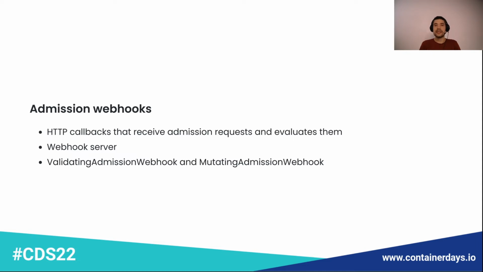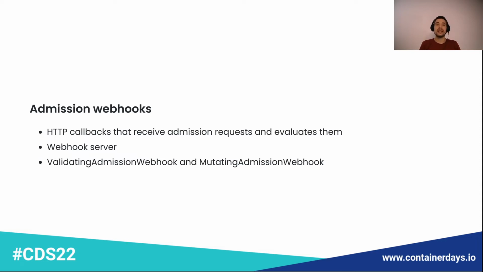An admission webhook is basically an HTTP callback that receives admission requests, which can be the creation of a pod or an update on a config map, then performs some evaluation on this request, and replies with either okay, go ahead, create this object, or it rejects it, providing an error message to the user.